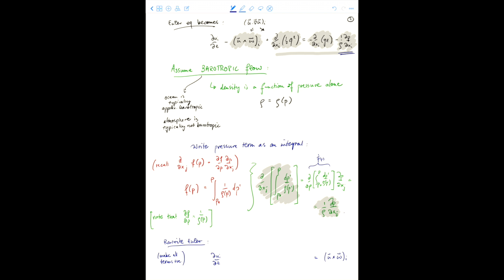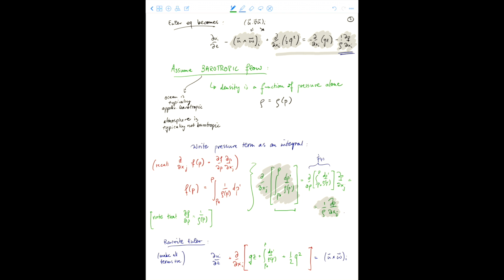And then here we get a term d by dx_i that has three scalar components, namely gz, plus, and now we have this pressure term, plus a half q squared.